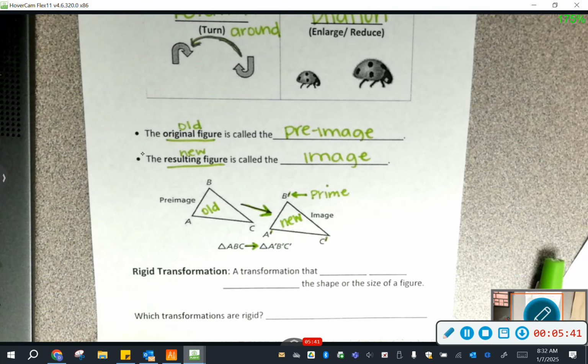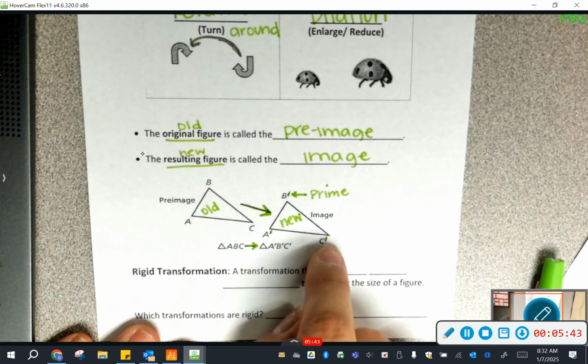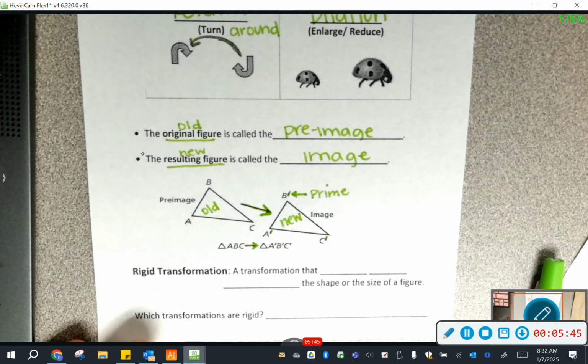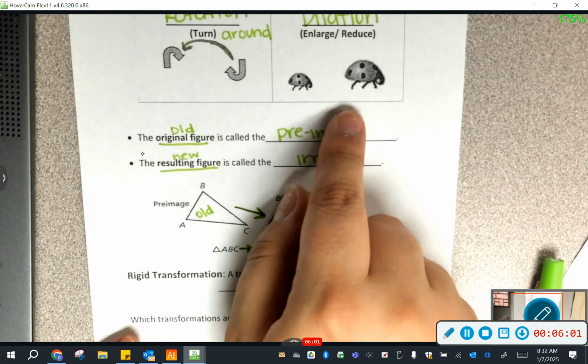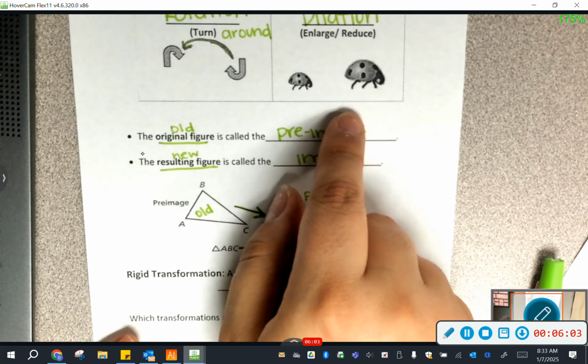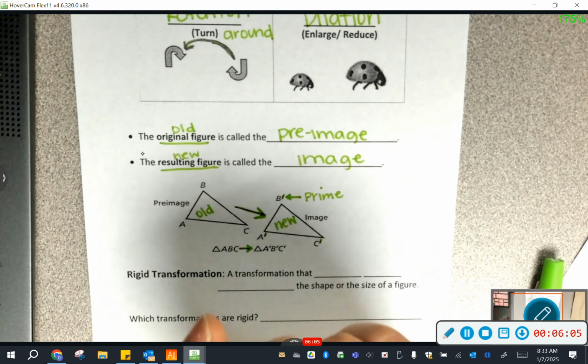So anytime I say the word prime, I'm talking about one of them with the little apostrophes, the little tick marks. Have I said really anything new just now? Maybe the word prime was new. Maybe the word dilation was new. Maybe not. Maybe you've heard those before.